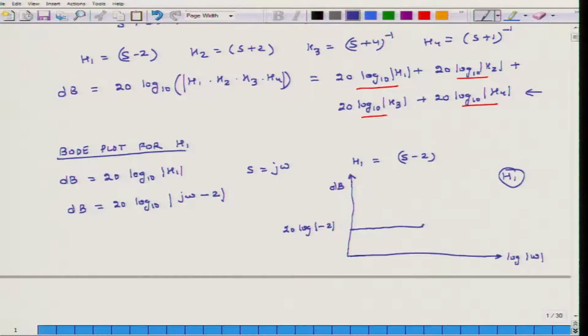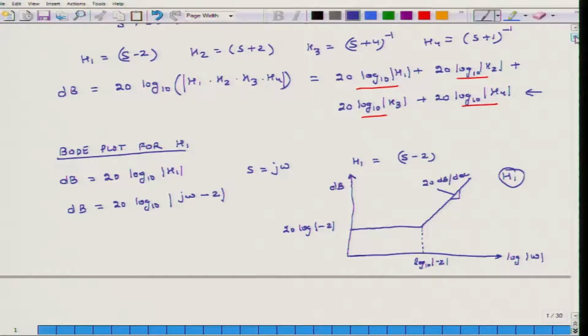It is going to be a line with a positive slope, and this slope is 20 dB per decade, and the point of intersection of these lines is going to be where log of omega is the same as log of 2, the log of the absolute value of negative 2.